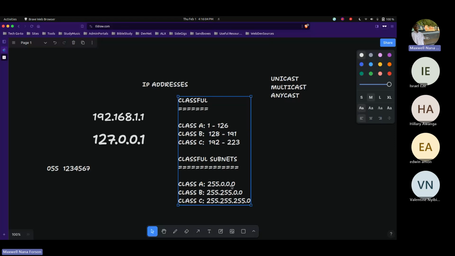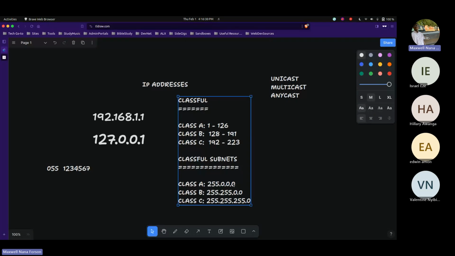And like I mentioned in the beginning, this is bits. So here is 8 bits, another 8 bits, another 8 bits. So that is going to be 24 bits for the host, meaning 2 raised to the power 24 minus 1. Usually we do that, but that is not something we really have to worry about.